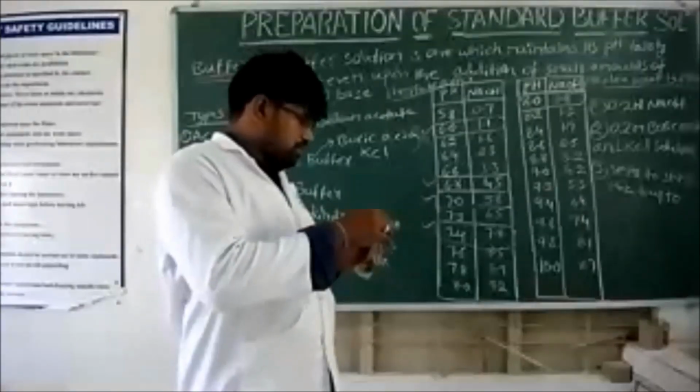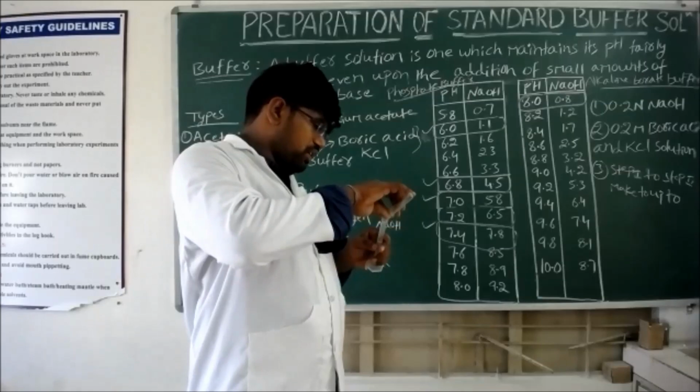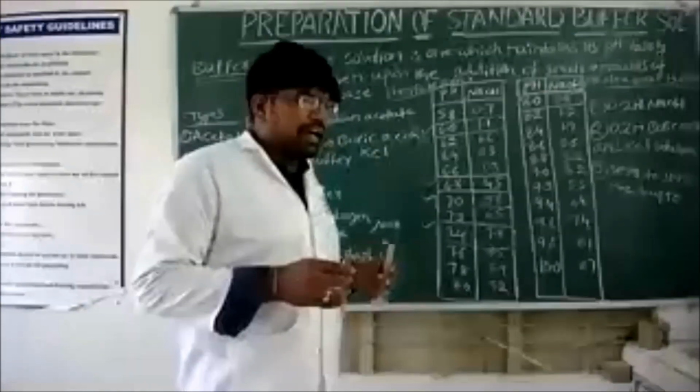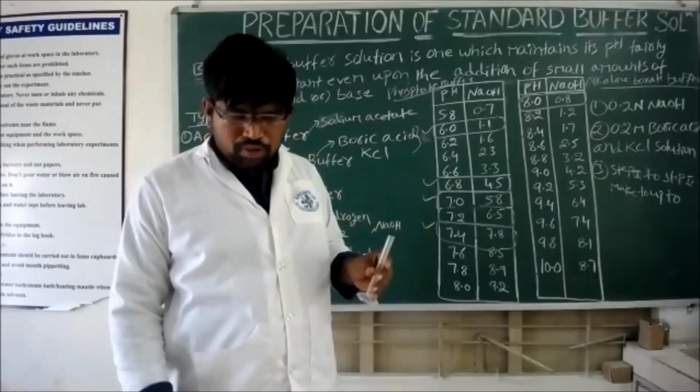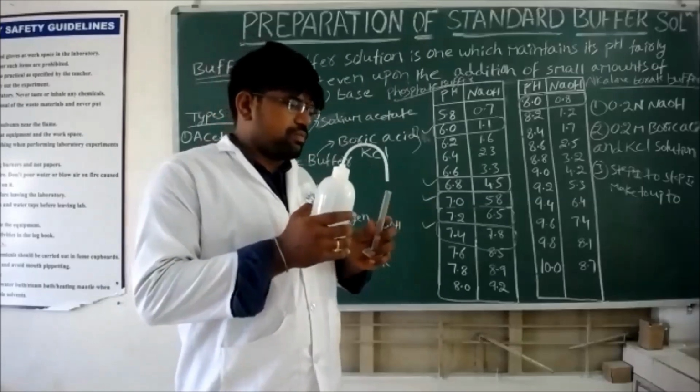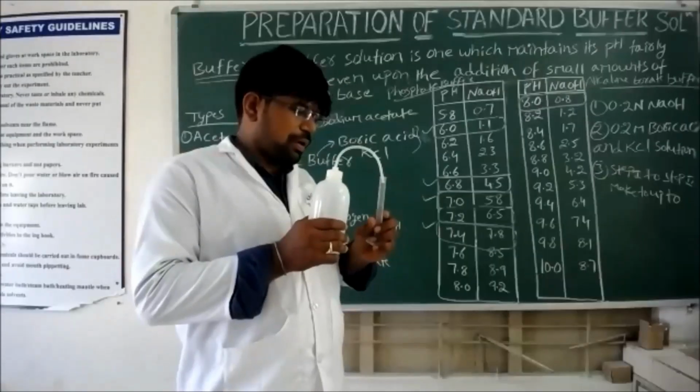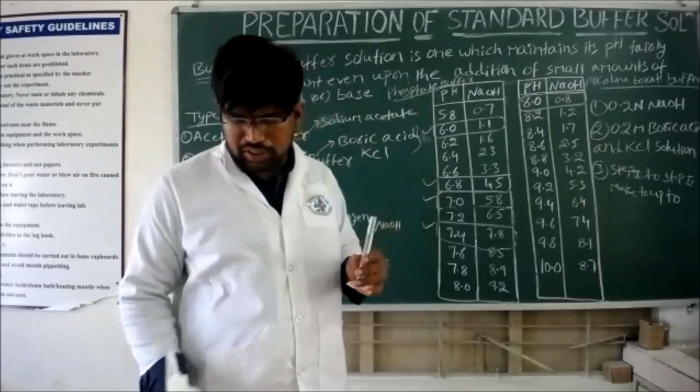In the case of pH 7, we already added 5.8 ml of sodium hydroxide and 2 ml of 0.2 molar potassium dihydrogen phosphate; for the remaining 2.2 ml, add distilled water.